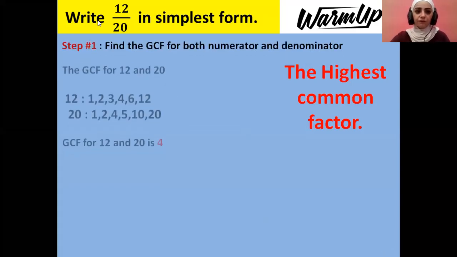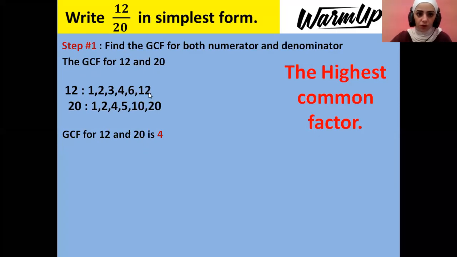These are all the factors of 12, and the factors of 20. The common factors are 1, 2, and 4. So the greatest common factor between 12 and 20 is 4.